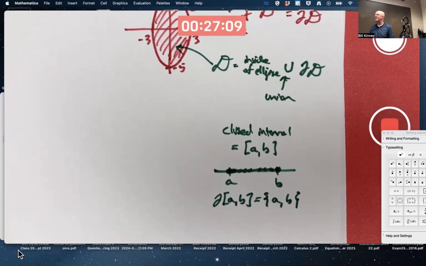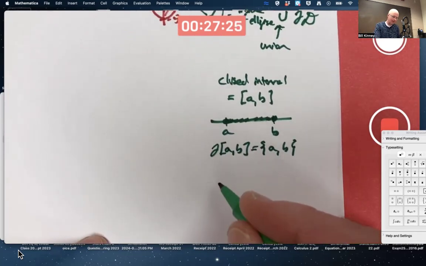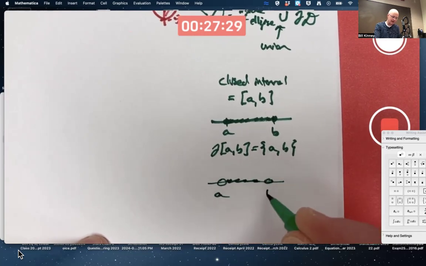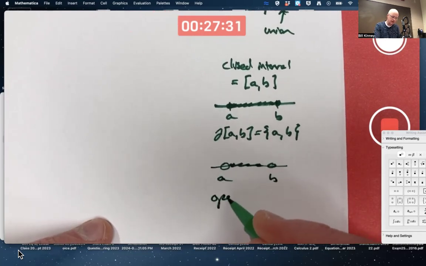If it did not contain the endpoints, we'd call it open, an open interval. It's kind of like the boundary, those endpoints, kind of close off the interval. Nothing past them is in it. If we did not include the boundary points at A and B, that's an open interval.